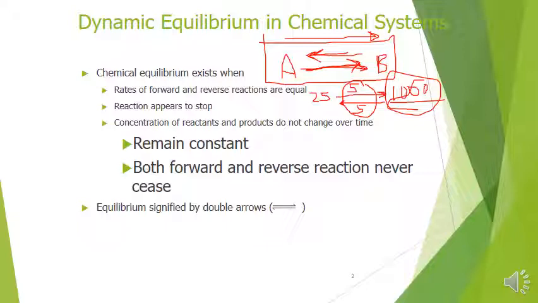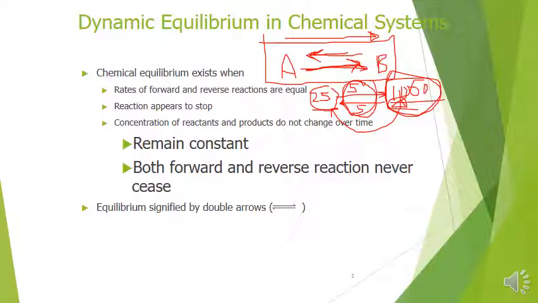But once it gets to 1,000, it can't go past that unless something changes, takes some of this out, or messes around with this number. So this ratio is going to be constant for this reaction, as well as the rates.